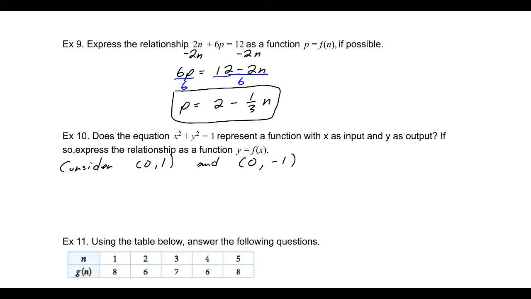Both of these points satisfy that equation. 0 squared plus 1 squared is 1, so it makes that equation true. And 0 squared plus (-1) squared also equals 1. That means this is not a function, because we have one input value, 0, that gives us two potential output values, 1 and -1. So this is not a function.